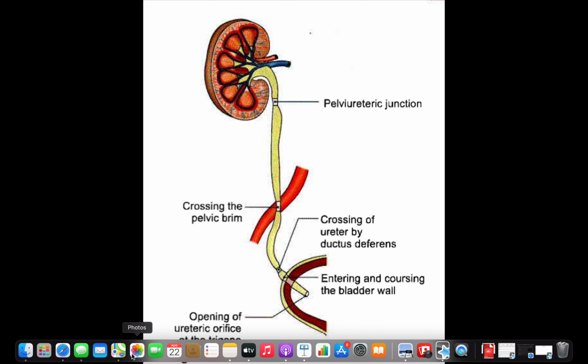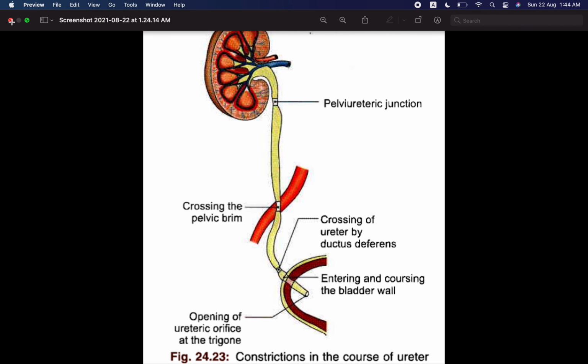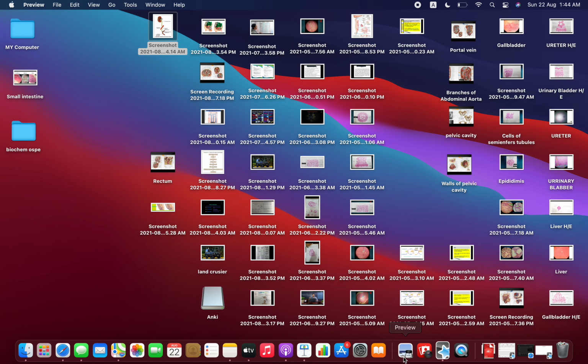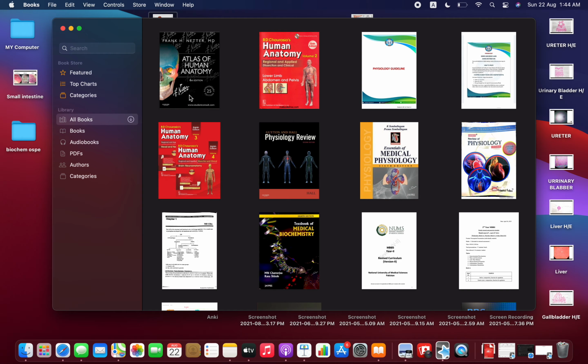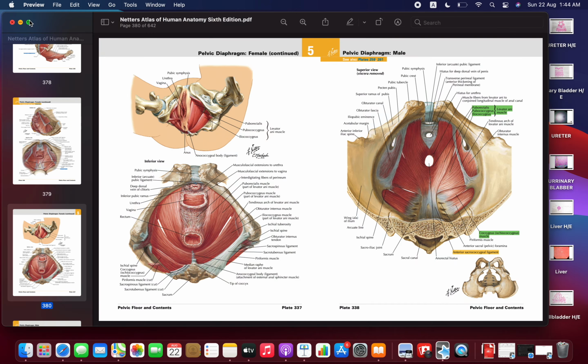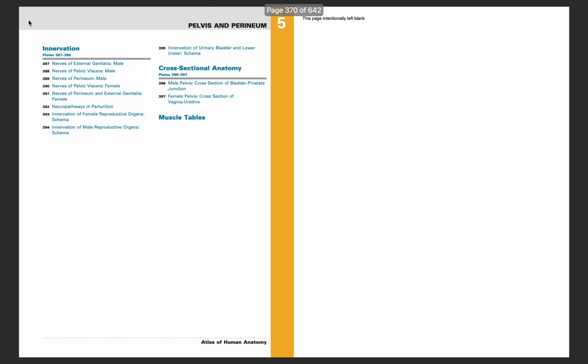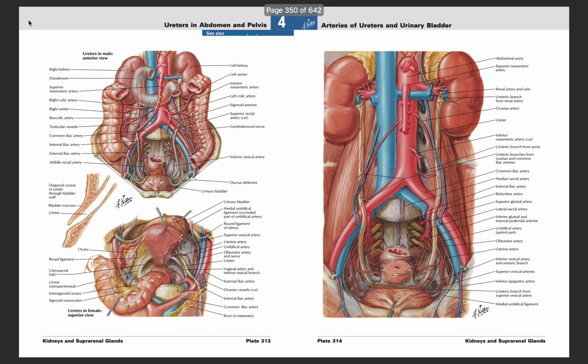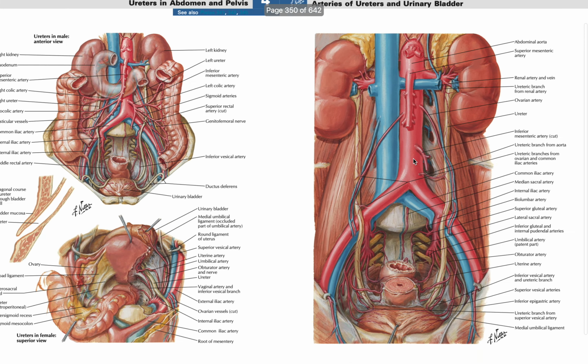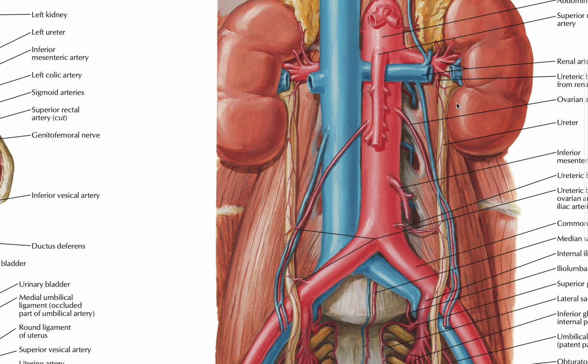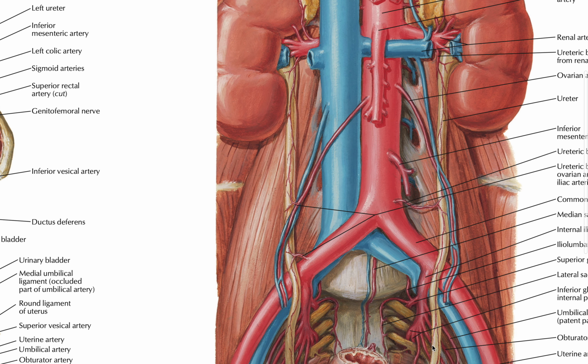The last thing that is left is the blood supply to the ureter. Now let us discuss the blood supply. For the blood supply, we divide the ureter into 3 parts: proximal part, middle part, and the distal descending part.